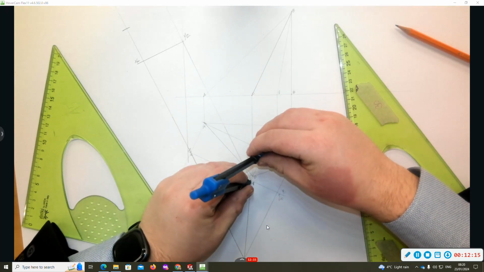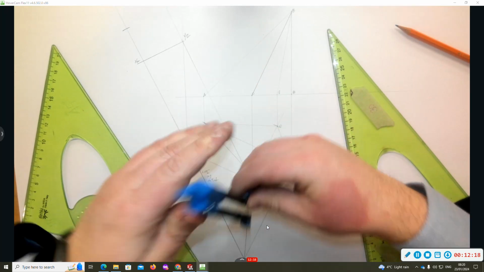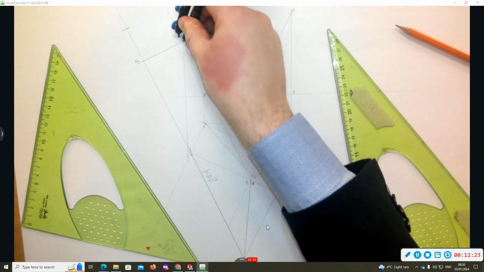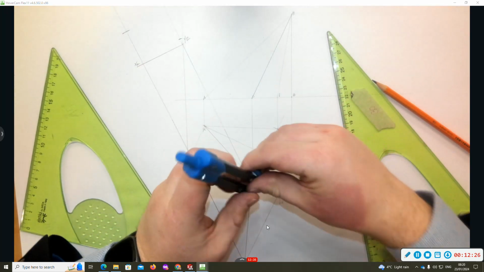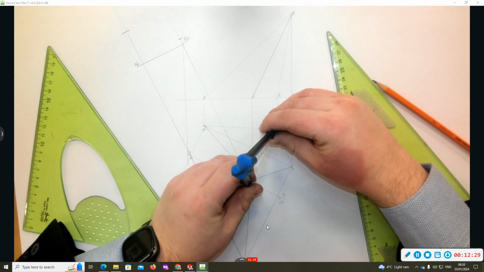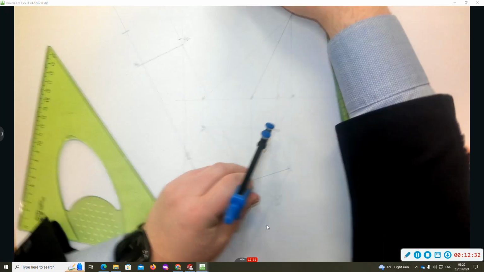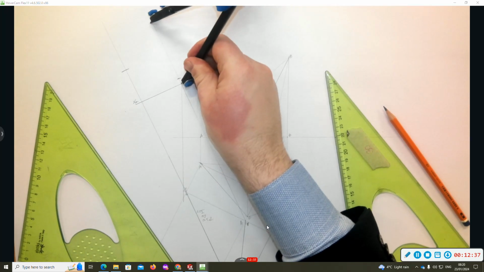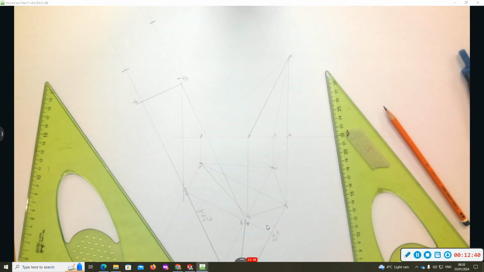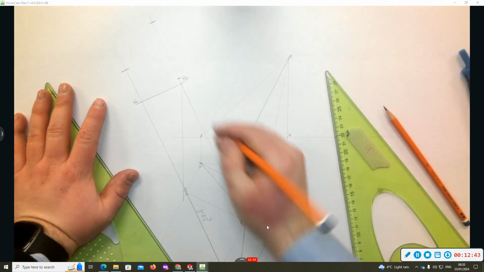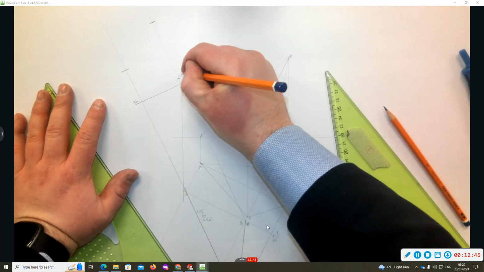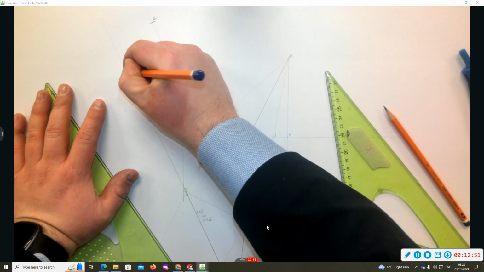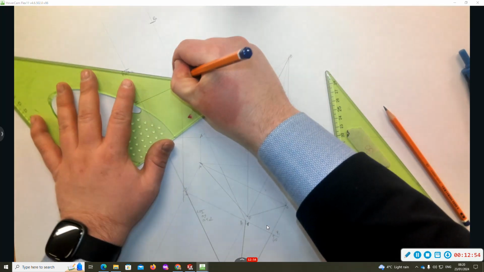Now C, so I get the distance of C. Follow C along here. I mark it in. And then I'm going to do D. I'm going to mark D in here. So then I have C2, D2, B2/A2. I'm going to connect them together.